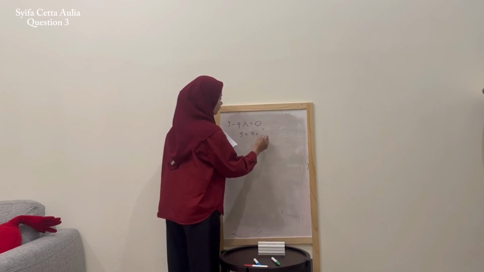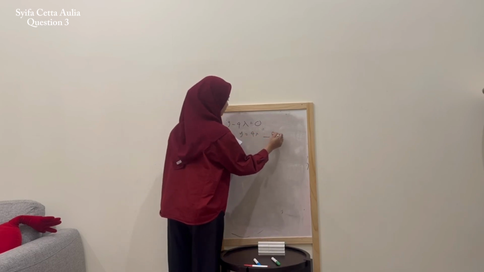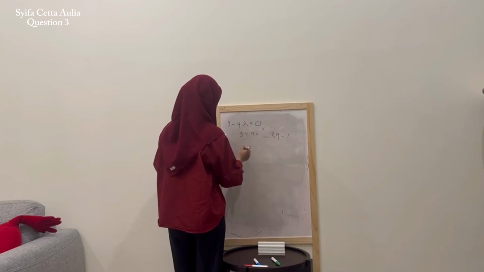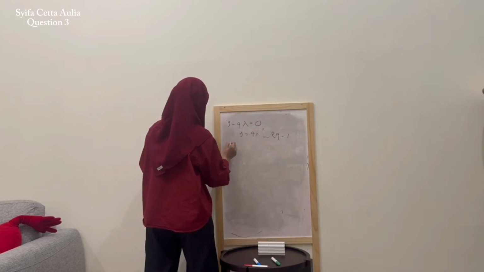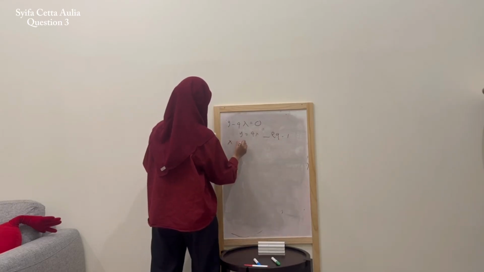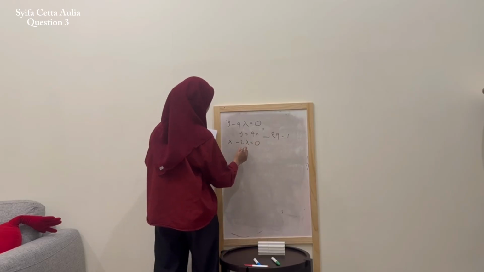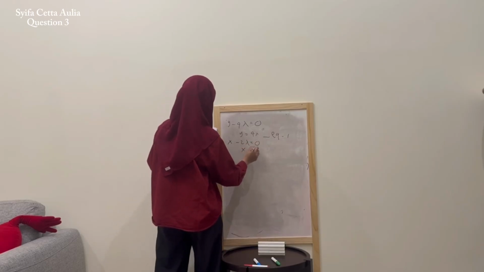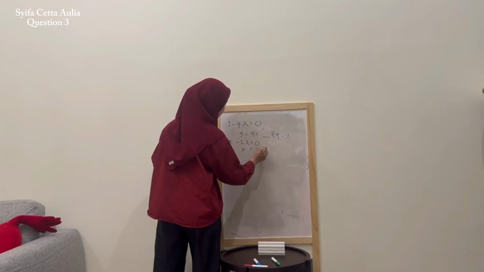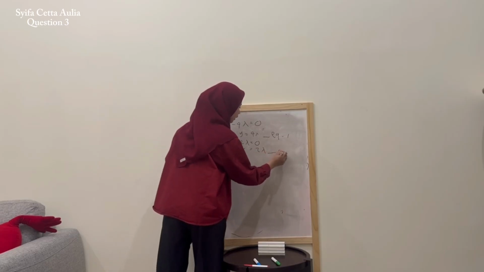So this becomes equation 1. Then x minus 2 lambda equals 0, becomes x equals 2 lambda. So this becomes equation 2.